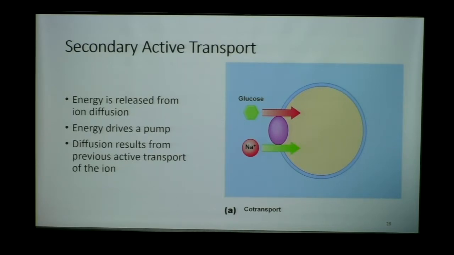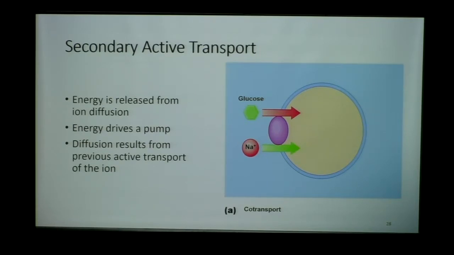into that cell. And so when it moves into the cell, because this is downhill, because this is spontaneous, this actually releases some energy which another molecule can use or harness or piggyback on and go against its concentration gradient, okay? I hope that makes sense.